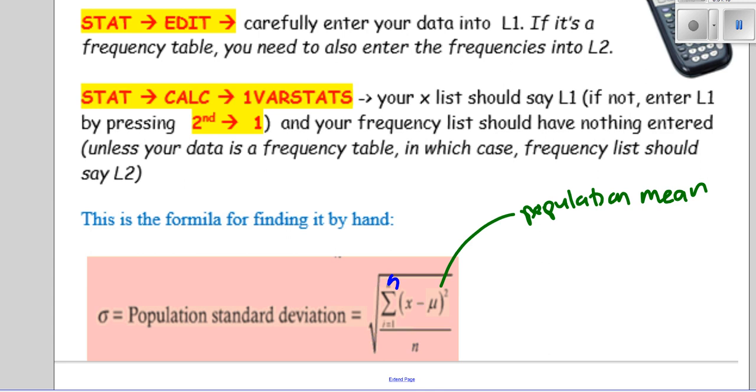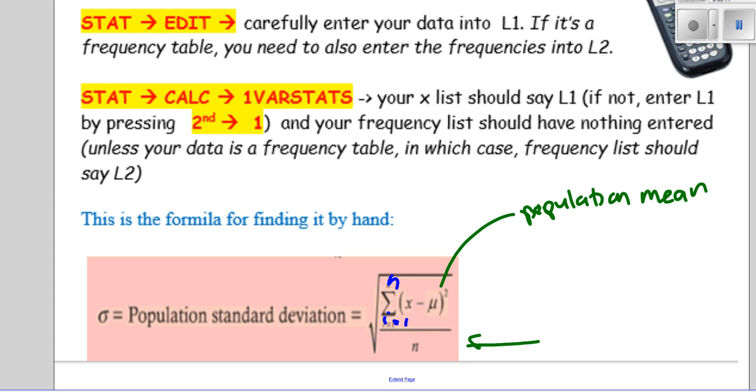That little symbol that got blurred out is an N, standing for you go all the way up to N. And i equals 1 means you start with i equal to 1, the first term.